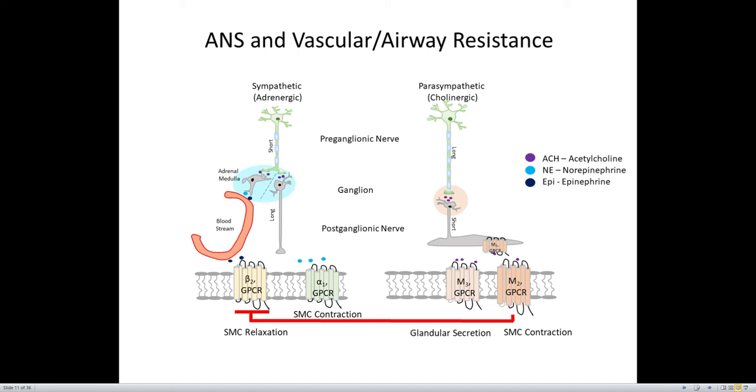However, when it binds to the muscarinic 2 receptor, that's going to play a role in inhibiting the beta 2 receptor. So therefore, any agonistic effect on the beta 2 receptor would be inhibited. So we've got a double effect there.